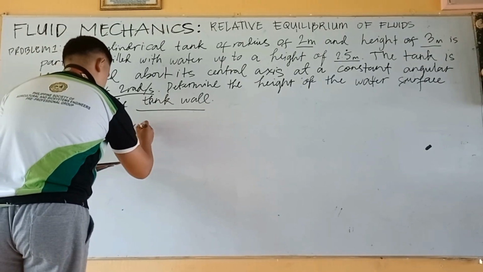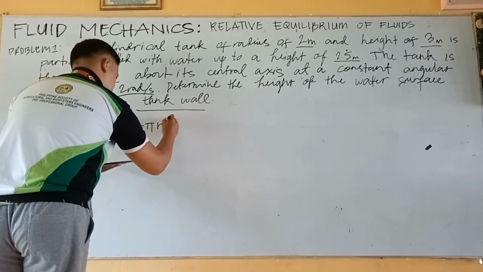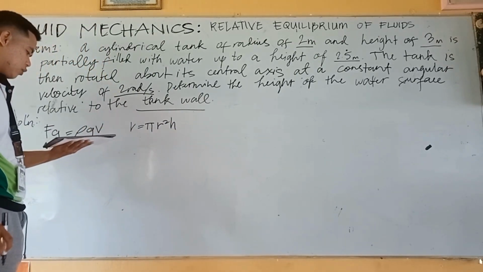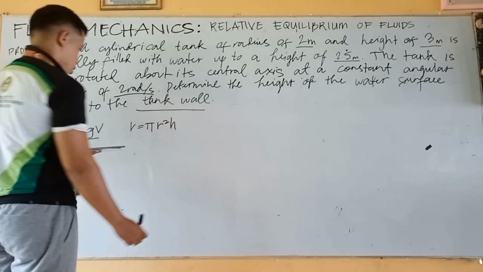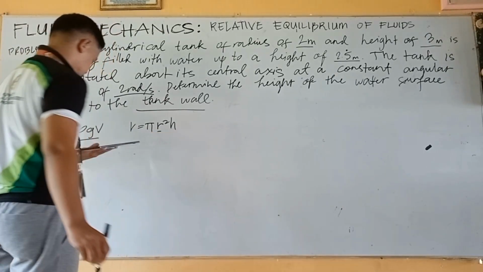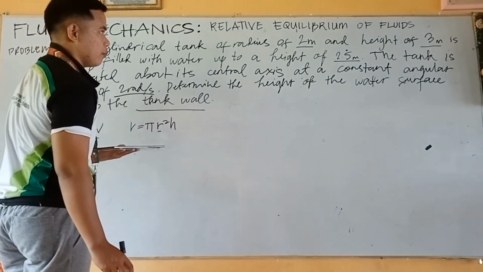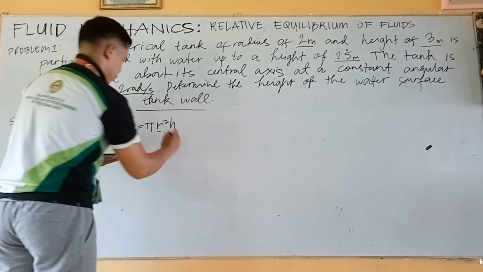V equals pi r squared times height. We know that the radius is 2 meters and the height of the water is 2.5 meters.